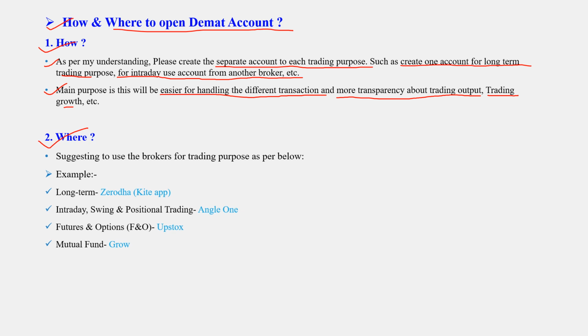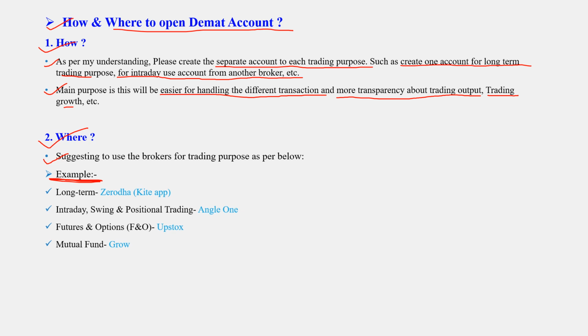Now, where. I am suggesting these brokers for trading purposes as per below. These are just examples; I am not insisting you create the account with that broker. As per my experience these brokers are good, but you can also take suggestions from other guides on where to open the account.